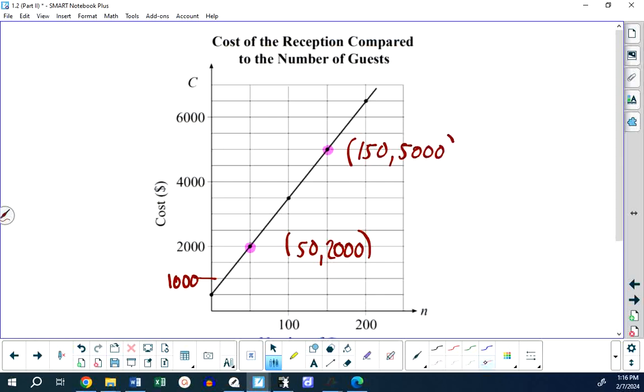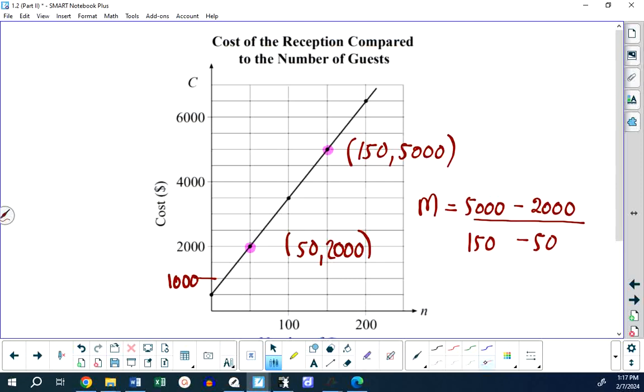So if I choose those points, it's 50, 2,000 and 150, 5,000. So my slope is y minus y over x minus x. And if you did choose 2 other points, you're still going to get the same slope.